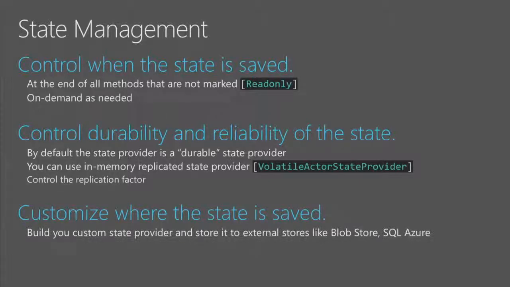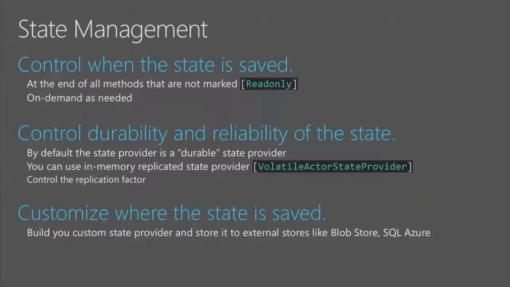So you can write a state provider, and we have an interface for you to write the state provider, and then slap an attribute on your actor and say, hey, use this state provider, such as an XStore state provider or a SQL state provider, right? And then we will make the appropriate calls to your state provider when it is time to save the state or load the state. And now you have your state stored somewhere else.